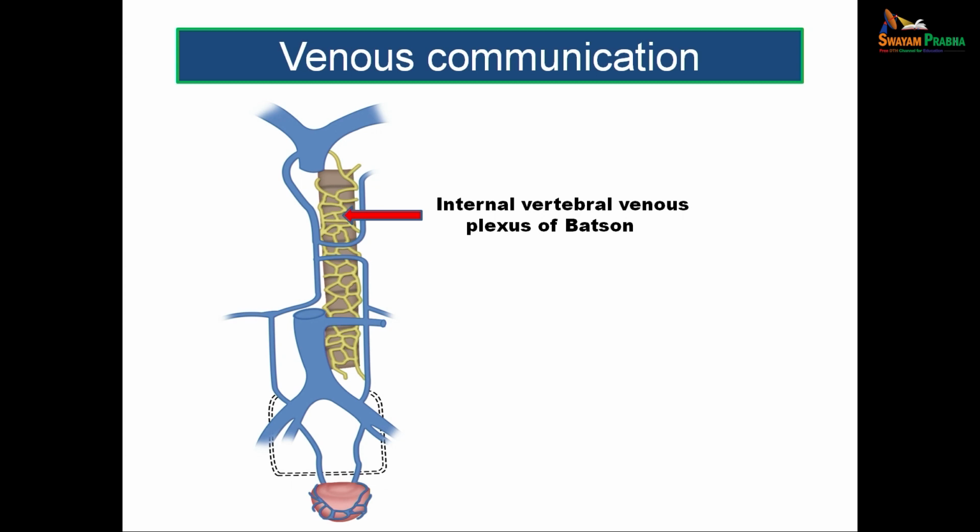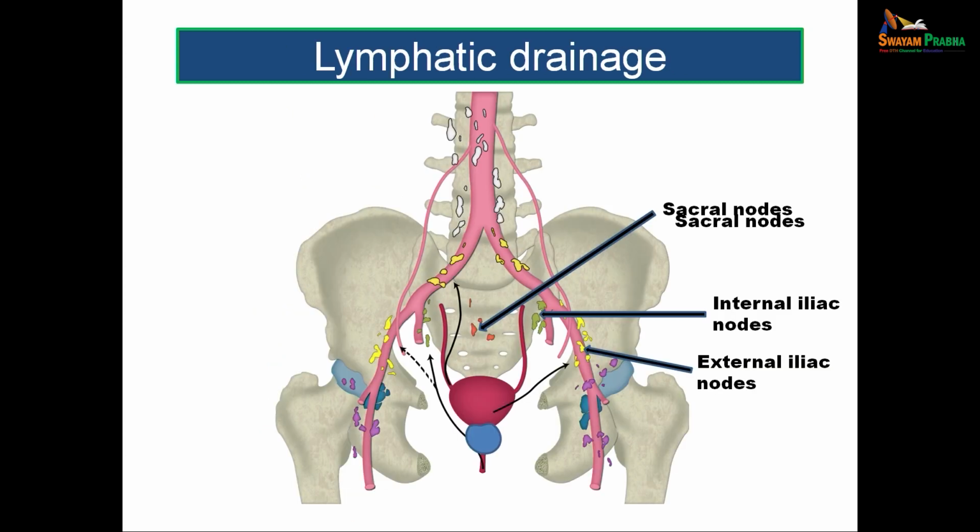The lymphatics are mainly ending in external iliac lymph nodes along with the vesical veins, internal iliac lymph nodes along with the vessels draining the membranous urethra, and lastly sacral nodes or the obturator nodes.